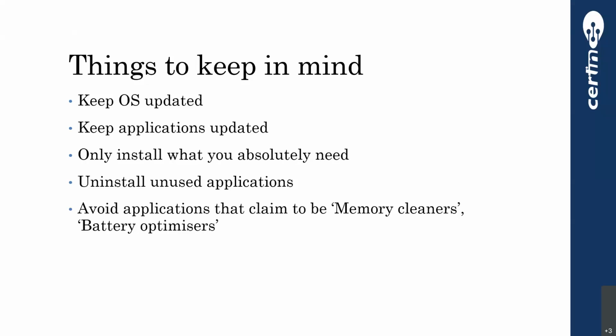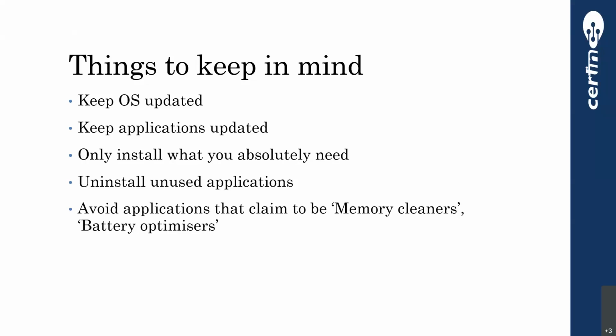Another small best practice from my side is that you should only install applications which you absolutely need. If there is an application which you have installed and have not used for the past 6 months, it is better to remove it from your device, because it keeps using that much memory.